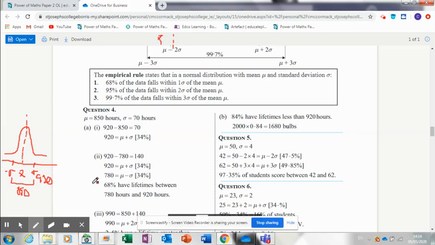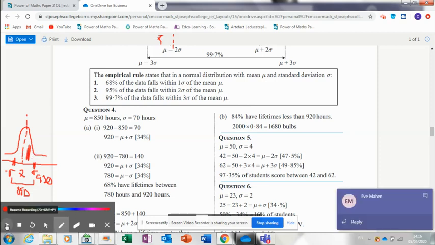Now I want to know the percentage that lie between 850 and 920. So this percentage in here is what you're asked to get. Remember, the whole thing from there to there is 68%, so this bit has to be half of that, which is 34.